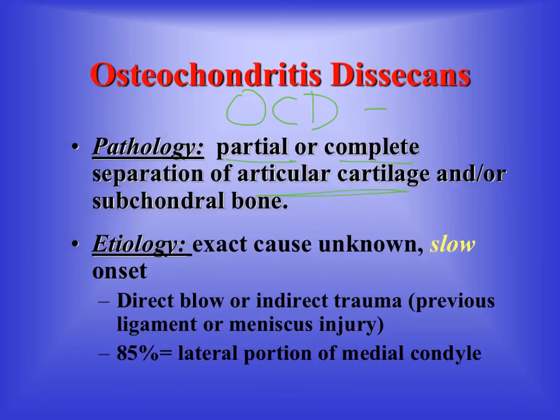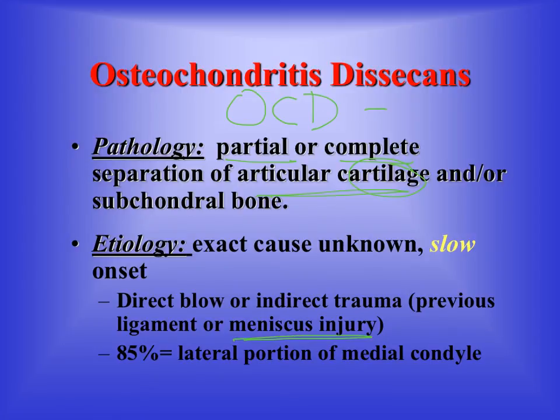And so the mechanism of injury, they say it's unknown, but what we do know is that people who have meniscal injuries and who have a meniscectomy and have bone rubbing up against bone, what we see is that because that bone rubs up against the bone, the cartilage begins to wear away, and you get what we call an OCD or an osteochondral defect.